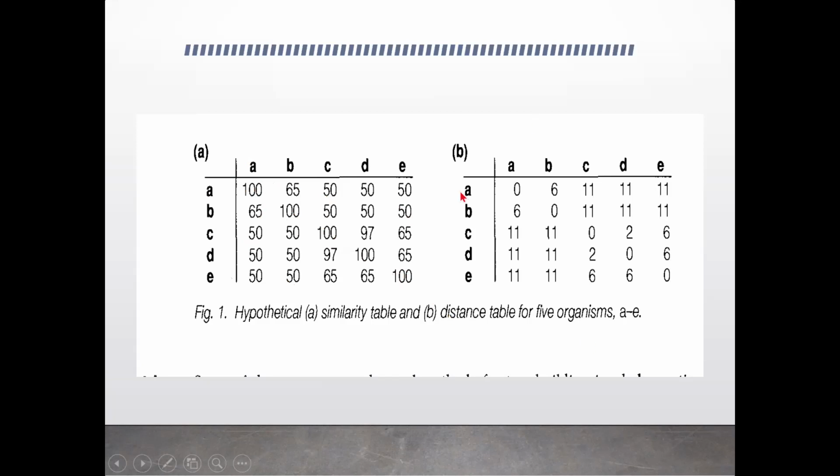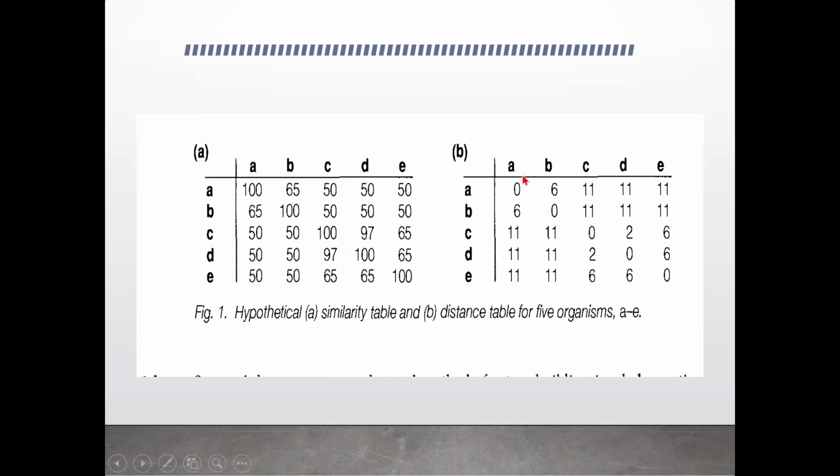Whereas in the case of the distance table, the percentage of dissimilarity is considered. A and A are identical species, so the percentage of distance or dissimilarity is 0 when you compare A and A. Likewise, if you construct the distance table, the diagonal values will be 0.